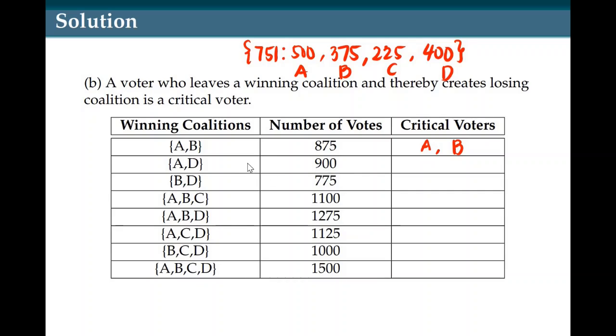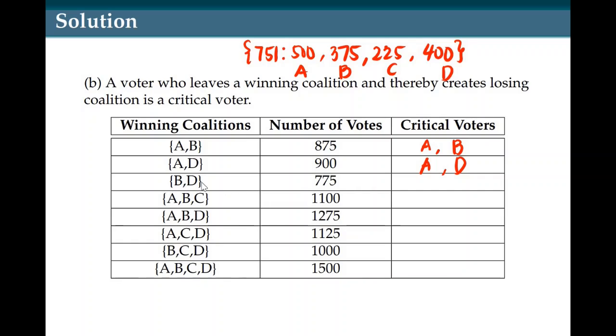So for winning coalition AD, if 900 minus 500 is less than the quota, then voter A is a critical voter. 900 minus 400, if it is less than the quota, then voter D is also a critical voter.